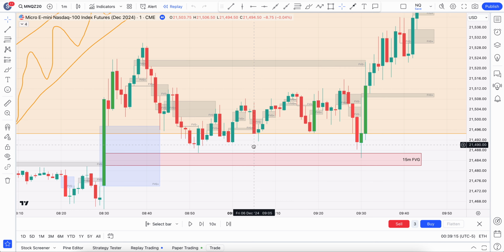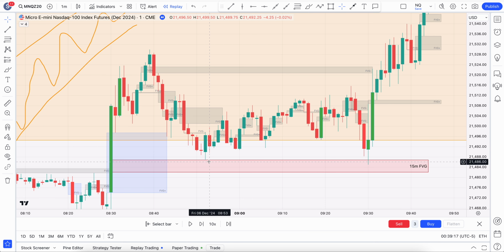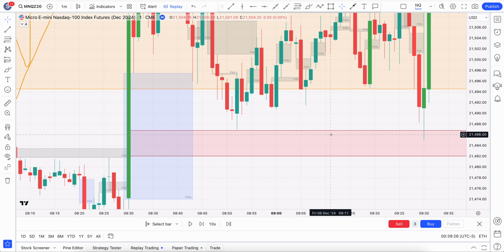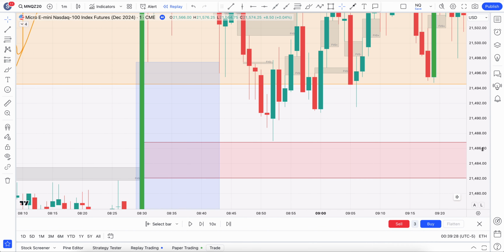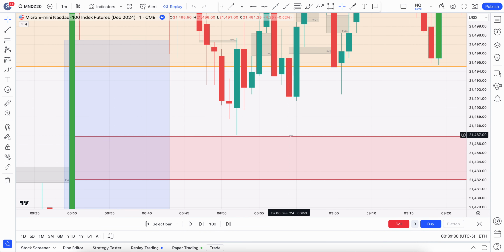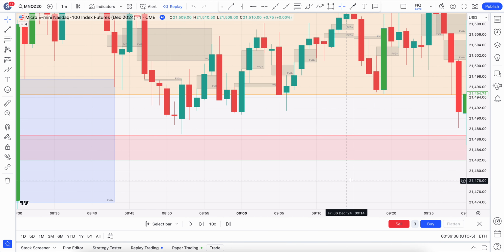When price touched it the first time, you can see it is barely touching it, and I don't think it is touching it even, but it's coming very, very close, like half a point away from touching the fair value gap.